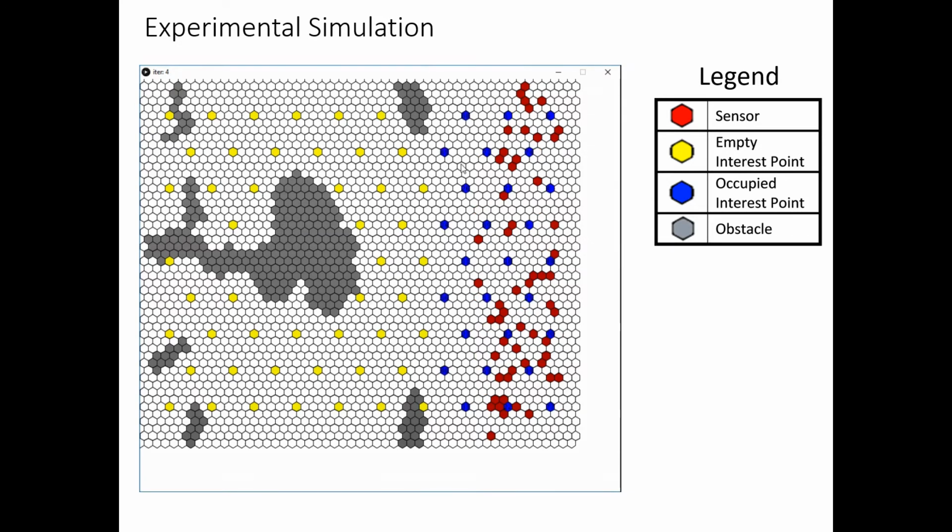As we can see, the sensors move and occupy the interest points, and they exert repulsion force amongst each other and the obstacles. They disperse till they cover maybe 90% of the network.